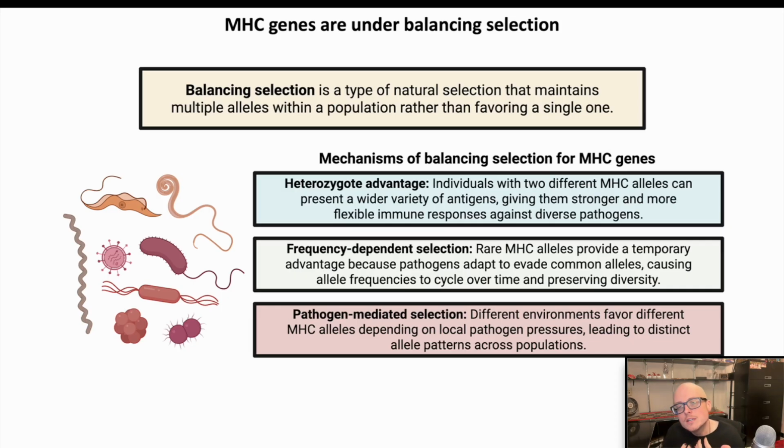But even though an allele might be dysfunctional in the context of a person's lifespan, they might bequeath that allele to their offspring. And in the future, pathogens may have evolved in such a way that what was a less functional allele today will become functional in the face of new pathogen pressures.